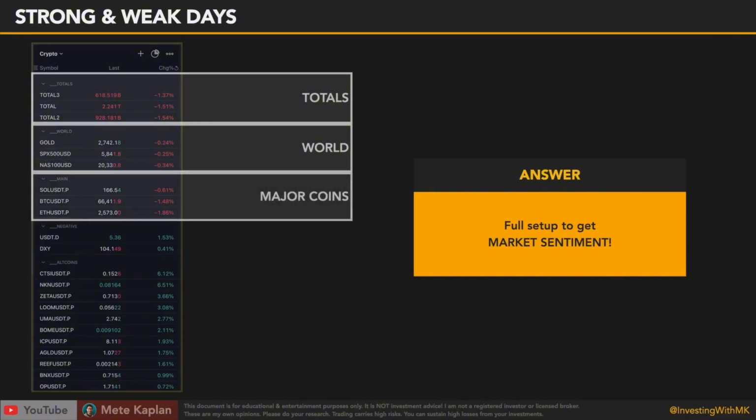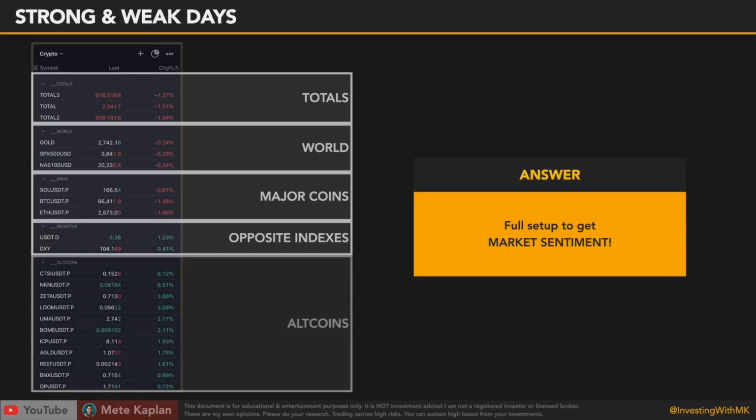I have the major coins to quickly check out. I have negative indexes, which is USDT dominance and dollar index. And at the bottom, we have our usual coin futures list, which has over 200 coins. This is all the list to understand if we are on a weak or a strong day.